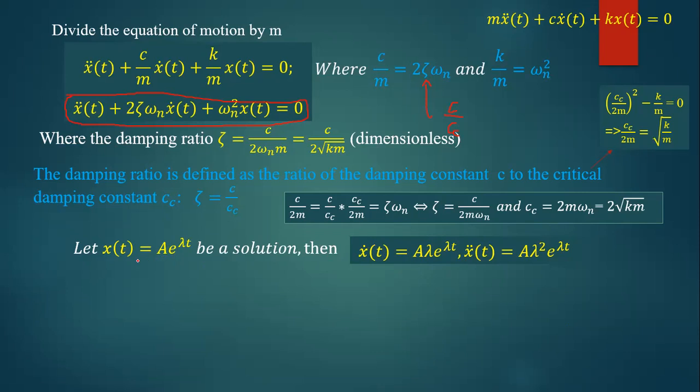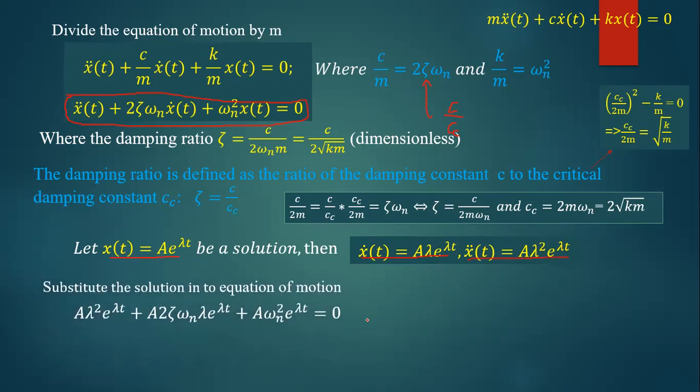By substituting these three equations, equation number 1, 2, and 3, into this differential equation, finally what we can get is A lambda squared e to the lambda t plus A 2 zeta omega n lambda e to the lambda t plus A omega n squared e to the lambda t. This is just substituting this equation into this.